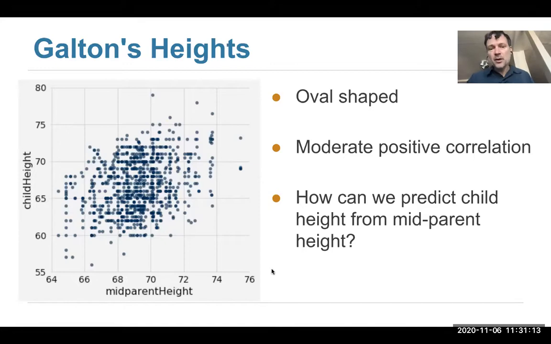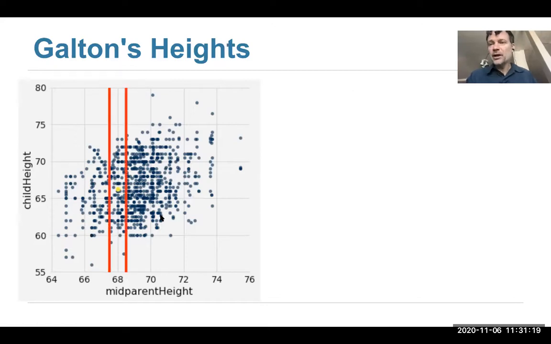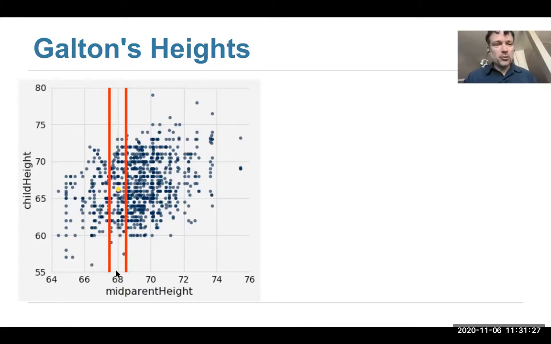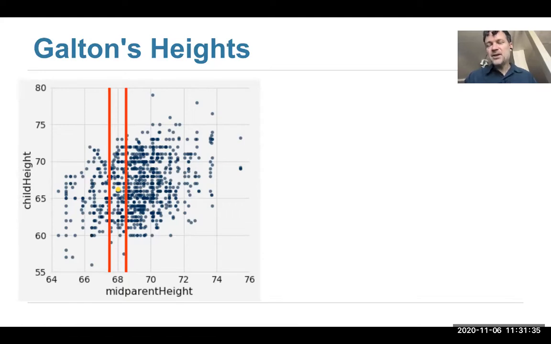Let's suppose we know the height of the parents, and we want to predict what the height of their children will be. If we have a particular couple in mind, let's say a couple whose heights average to 68 inches, we look for other couples where we know the heights of their kids. They're similar, and we figure that the heights of the kids will be related.